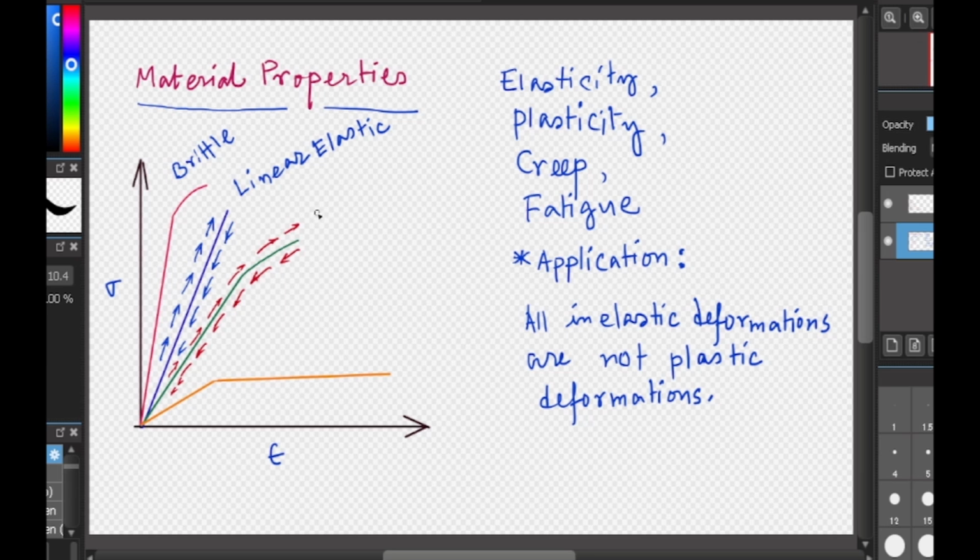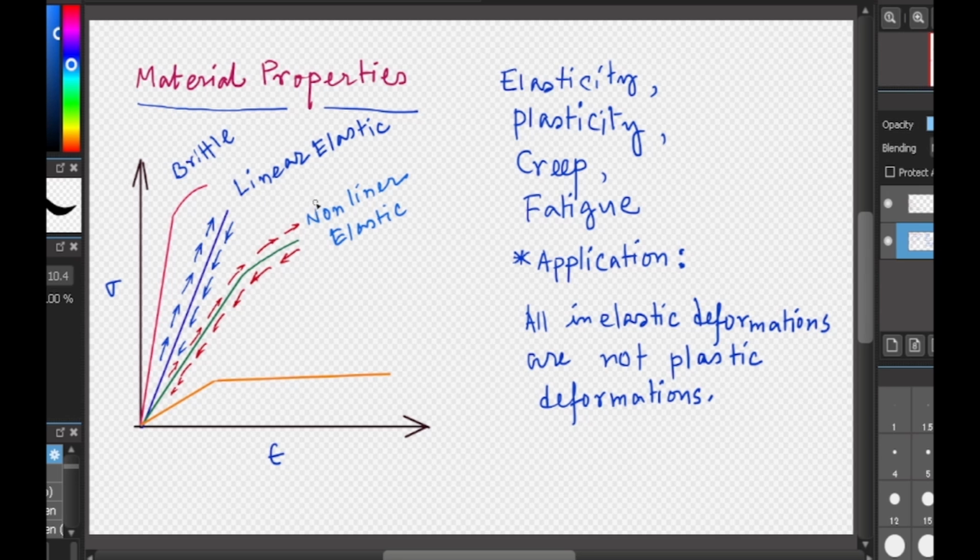So it is called non-linear elastic in nature. So we can understand the different types: brittle, linear elastic, non-linear elastic, and so on.